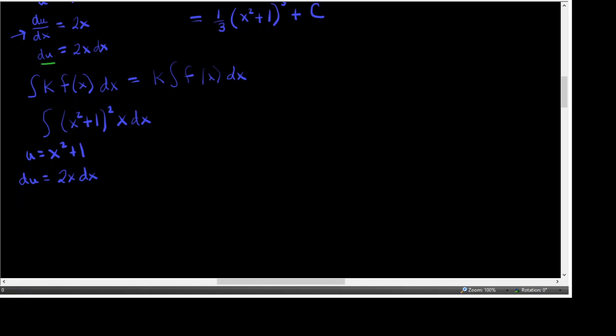Now, we need to have all of this to replace and make it du. And of course, I'm missing the 2. So what I can do is I can multiply by 2 if I at the same time multiply by 1/2. That multiplication by 1, in essence, doesn't change the value of the integral.